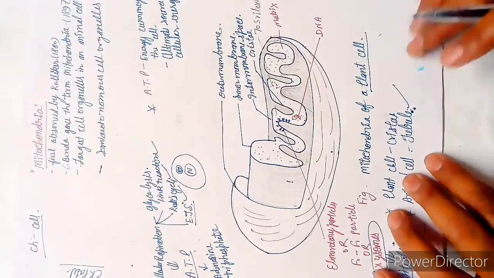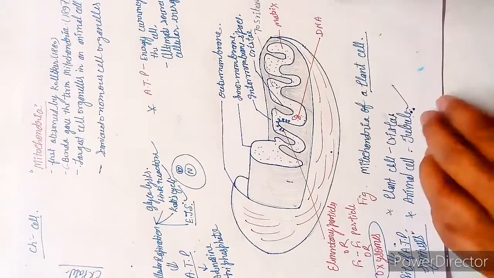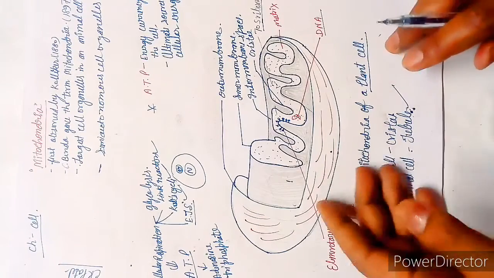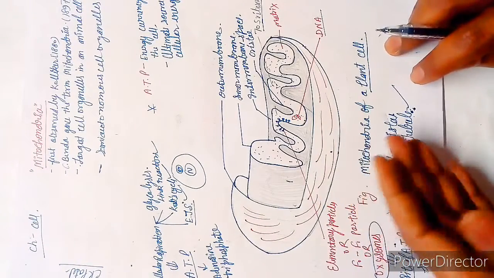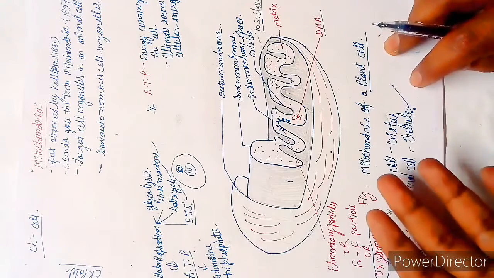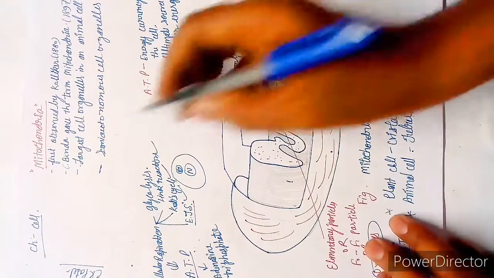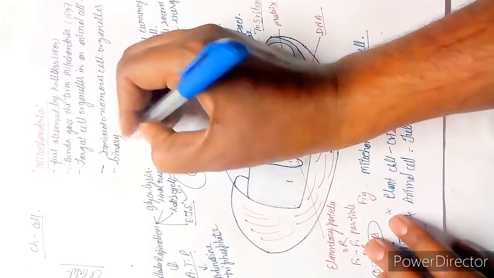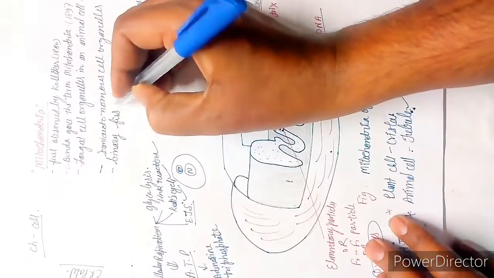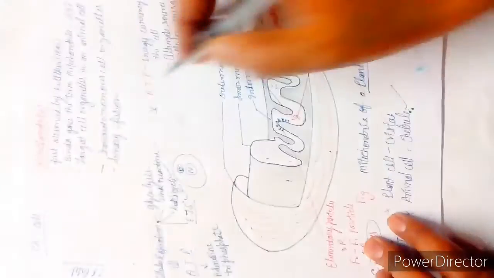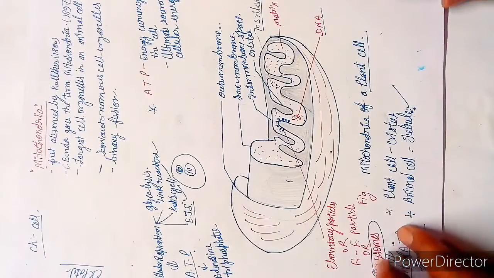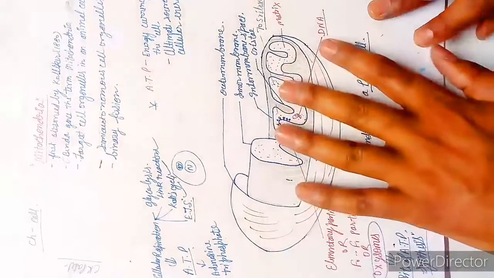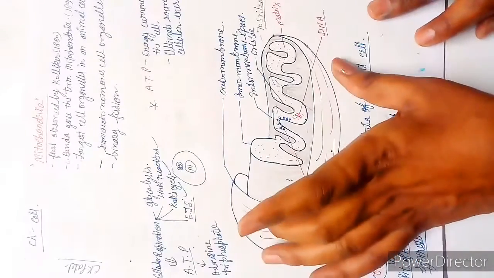Why? Because it has its own DNA, its own 70S ribosome. So it can make its own protein. It can divide by binary fission, because it has all the properties of a prokaryotic cell. Okay students, and this is all about the structure of the mitochondria.